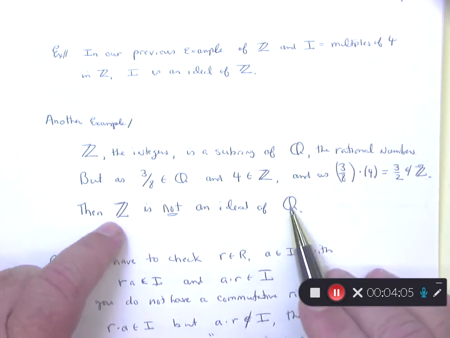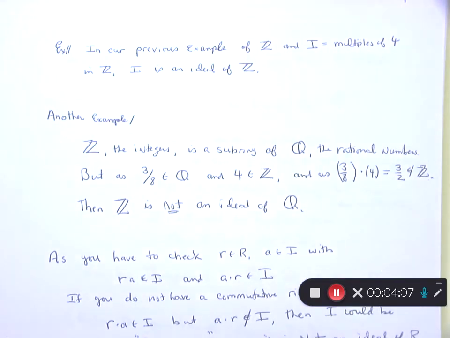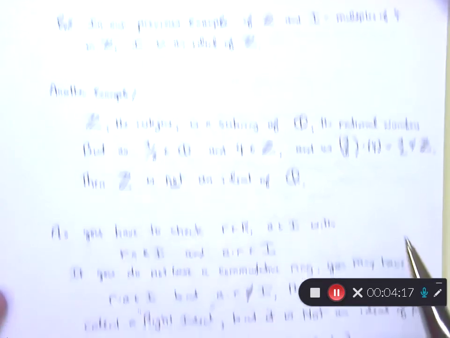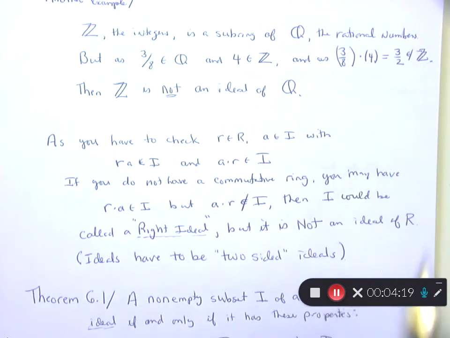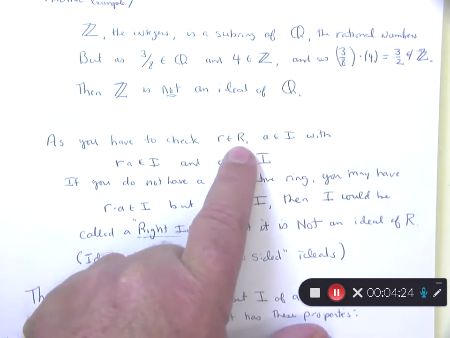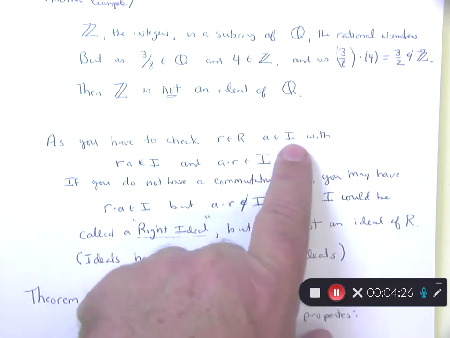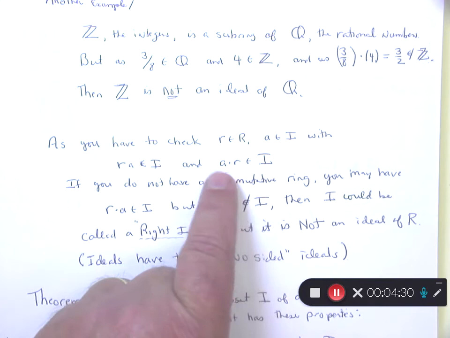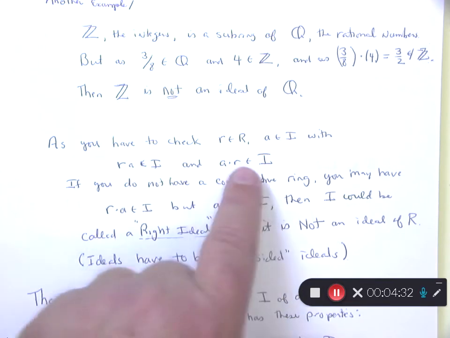So these ideals are actually quite special with this idea of one element inside the set times an element inside the ring. Their product is supposed to be back inside the set. So, you have to check r an element of the ring R and a an element of the set I, with a times r an element of I and r times a an element of I. You've got to check both ways, r times a and a times r.